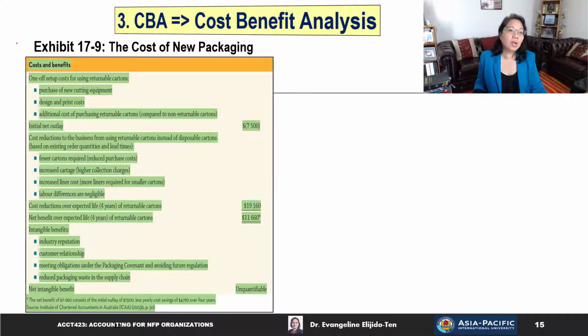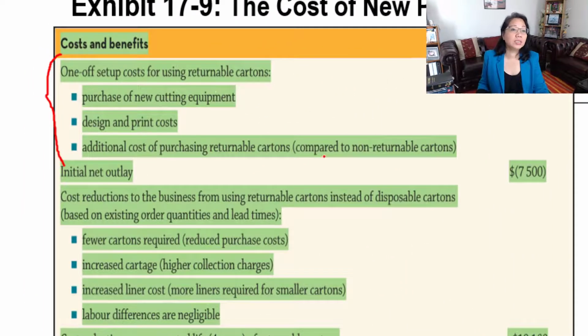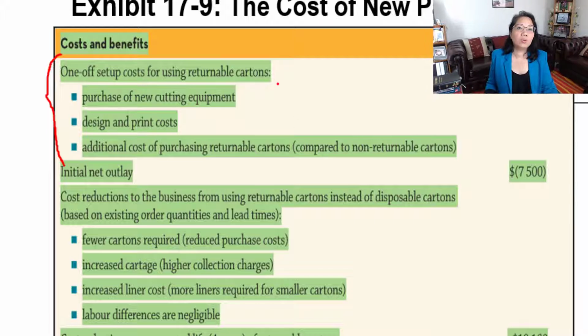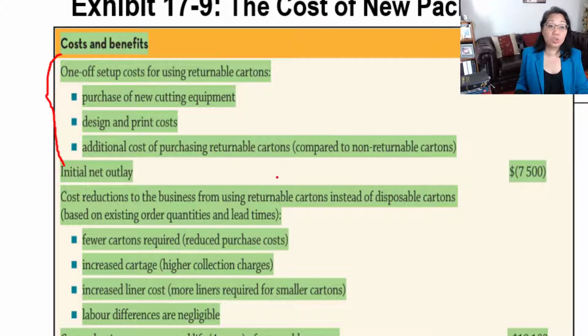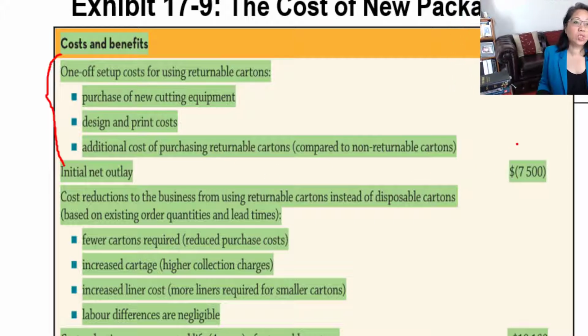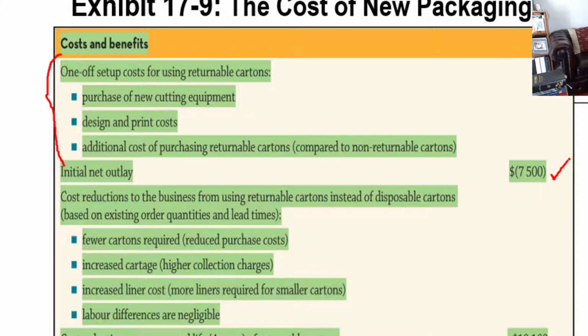So here on the top are the costs. There is one setup cost for using returnable cartons and the total of the purchase of new cutting equipment, design, print cost, additional cost of purchasing returnable cartons is 7,500. That's the initial net outlay.